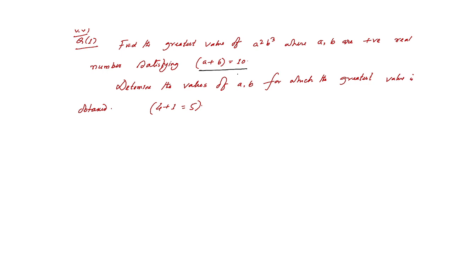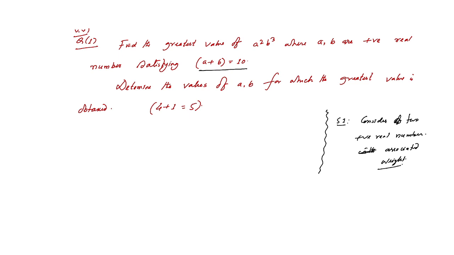The condition is a plus b equals 10. So here you will see the observation is we need to consider, in step 1, two positive real numbers with associated weights.